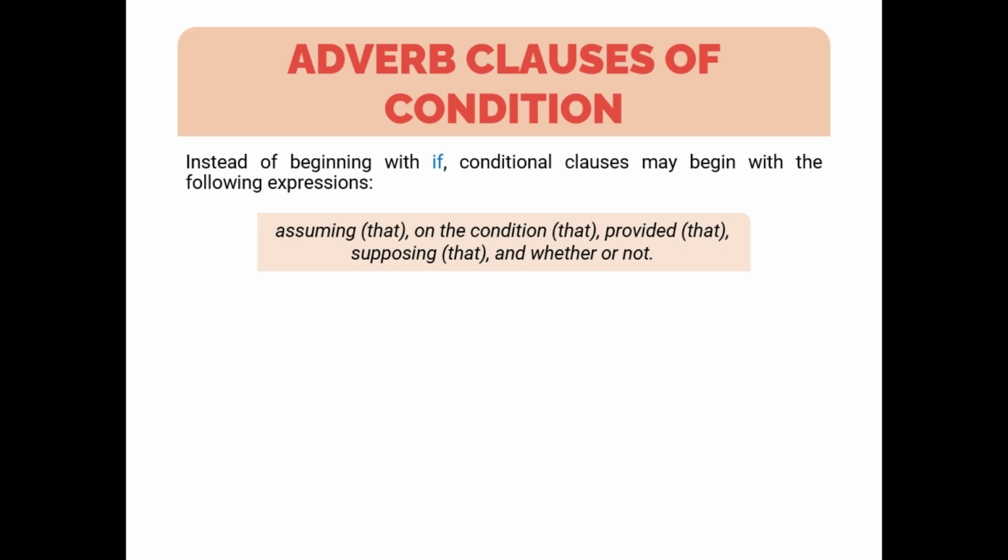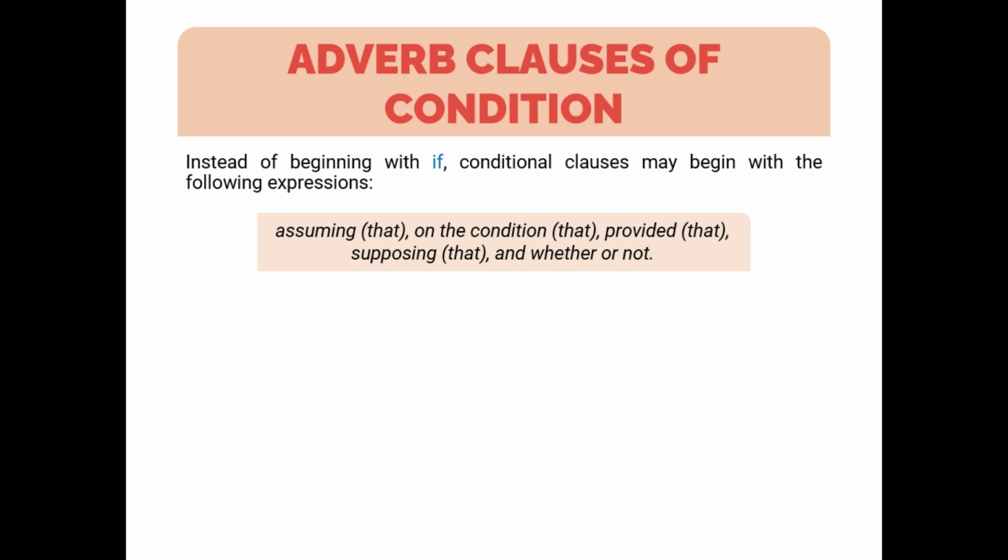These expressions modify the main clause in the sentence, and keep in mind that the tense agreement in these clauses is the same as in conditional sentences with if, meaning that we can use adverbs with all of the four types of conditionals: zero, first, second, and third conditional.